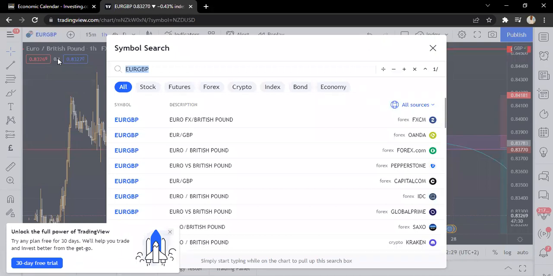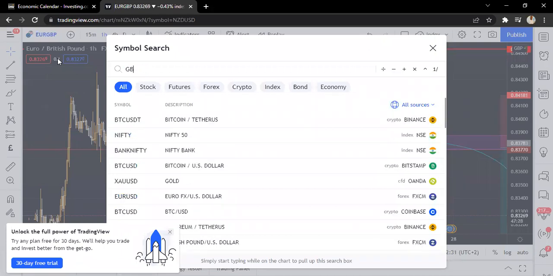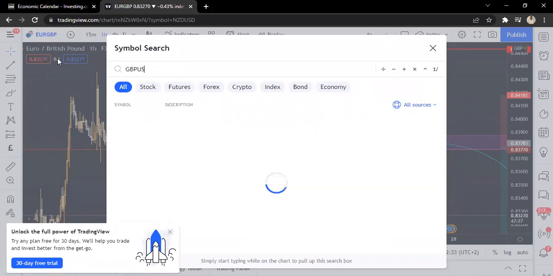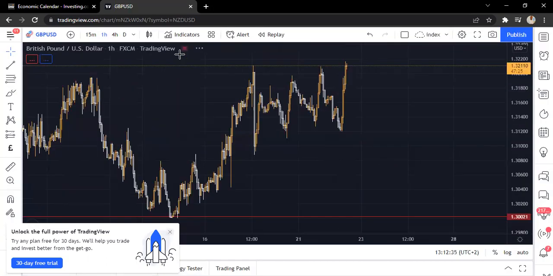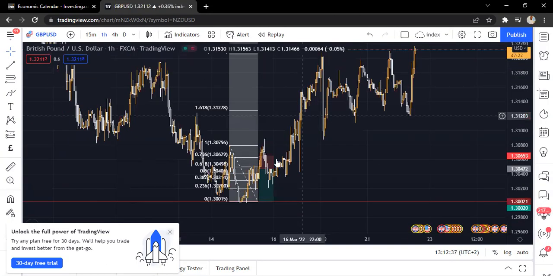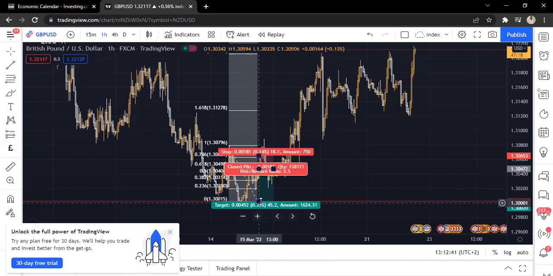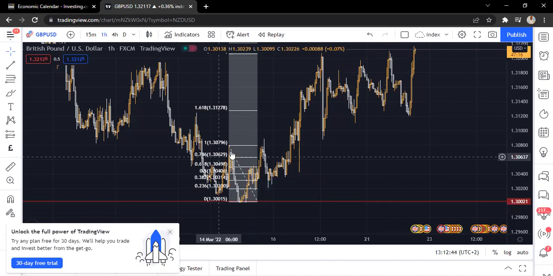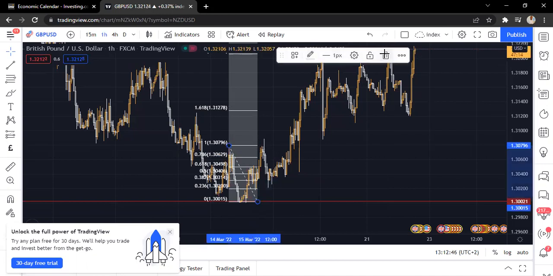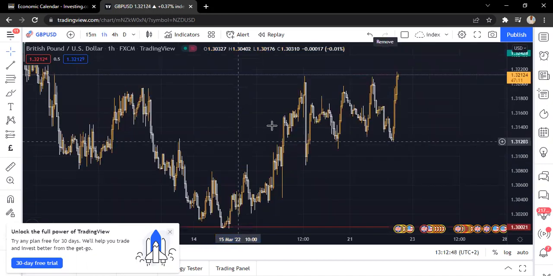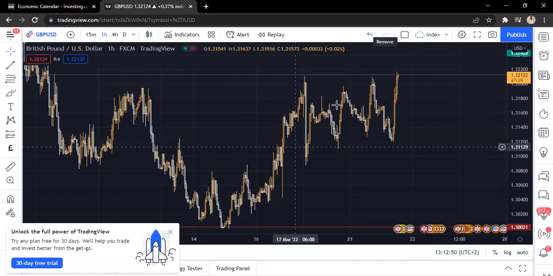Let's look at GBP USD this afternoon. GBP is one of the trades that we have benefited from quite a lot, especially in the last couple of weeks and days. And we've been closing trades on this beautiful setup right here.